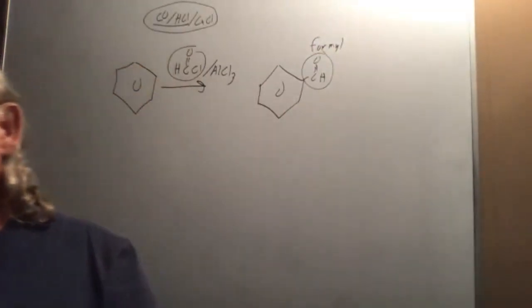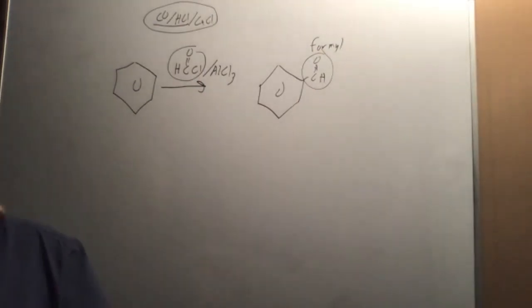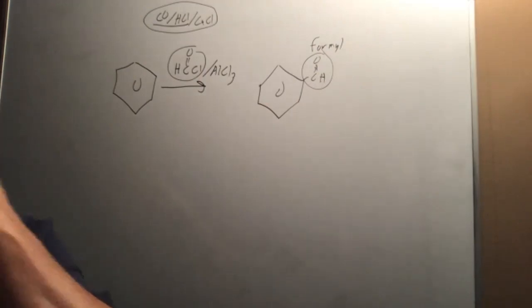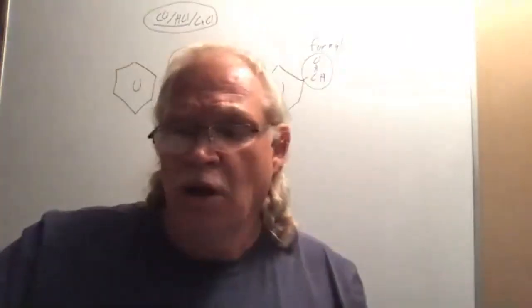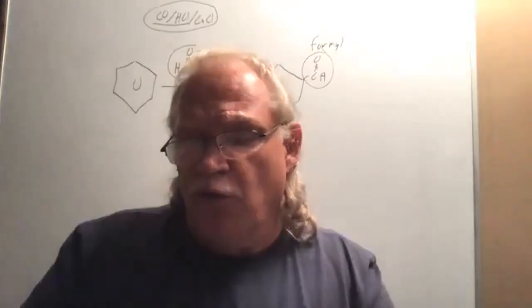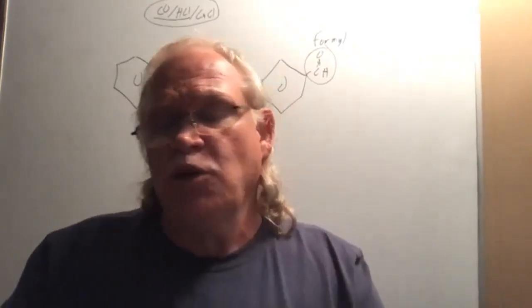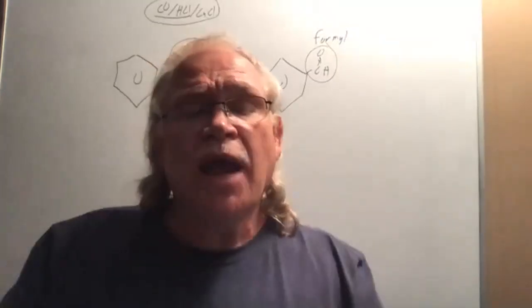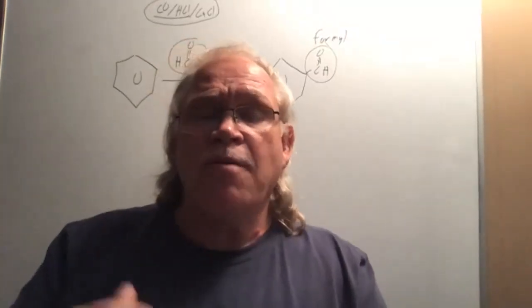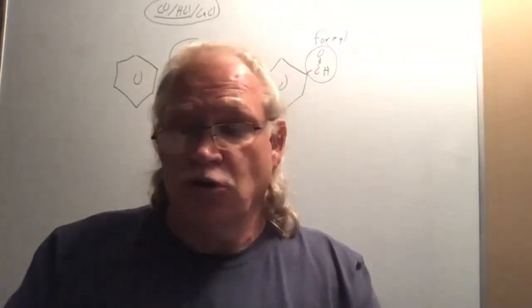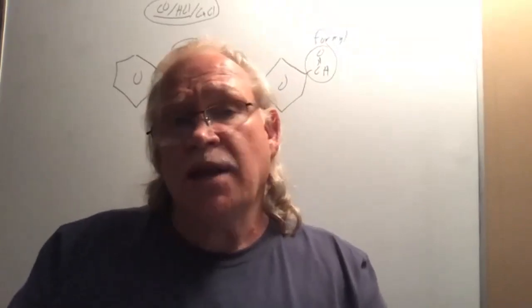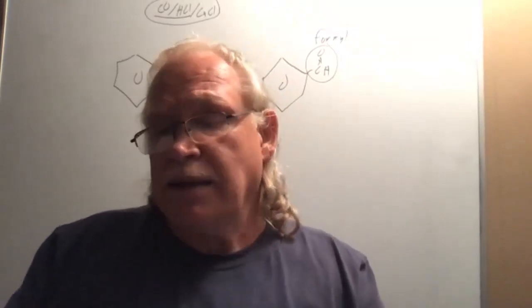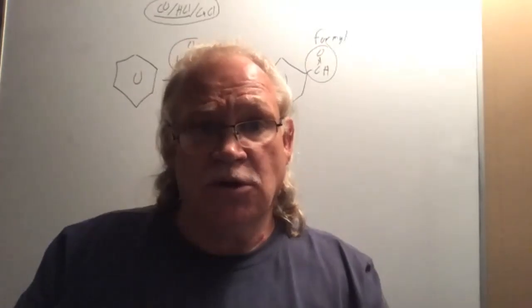Now, on the bottom of page 4 and the top of page 5, it talks about very special reactions. You're not going to be responsible for these two reactions on the test. We just need to know them just for general purposes, though. Most aromatic reactions are aromatic electrophilic substitutions, but sometimes an aromatic ring can undergo nucleophilic substitution.